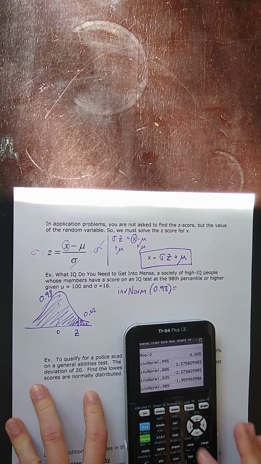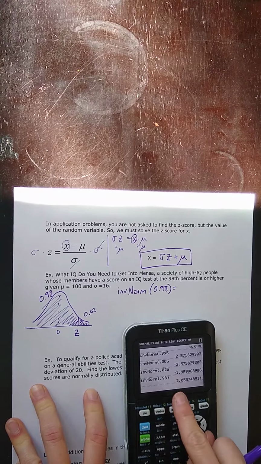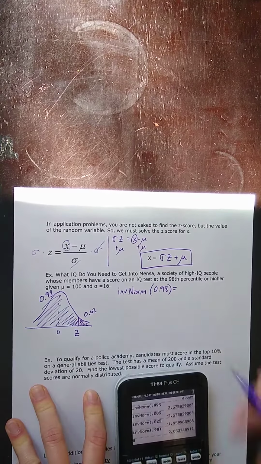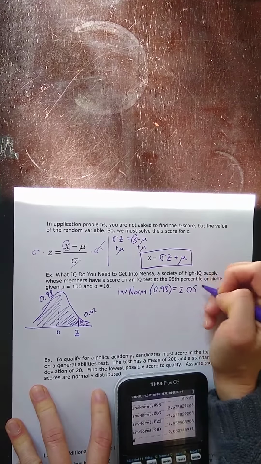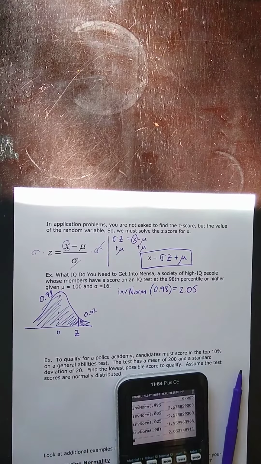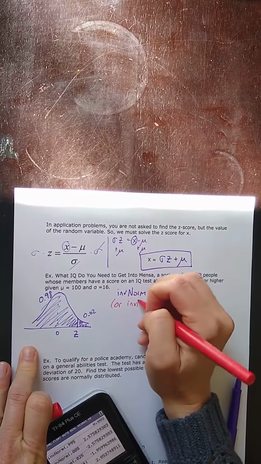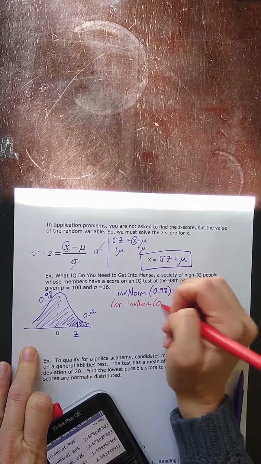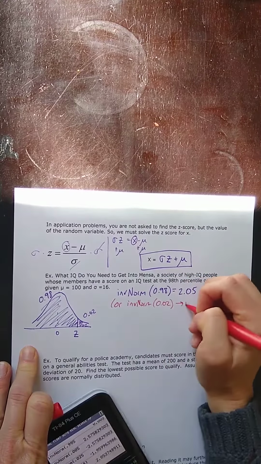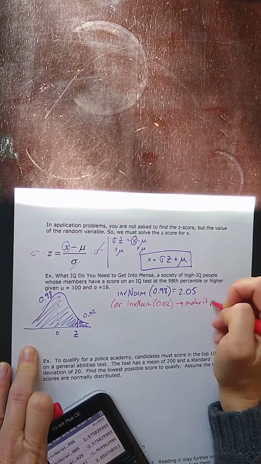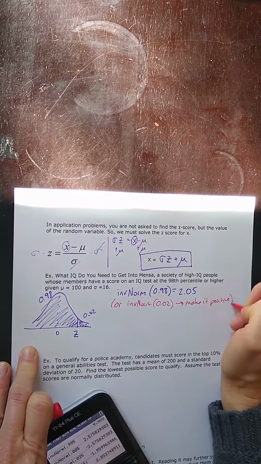So 0.98 gives me a z-score of 2.05. Okay, maybe let's do this. We'll say, or inverse norm of 0.02, but then make it positive.